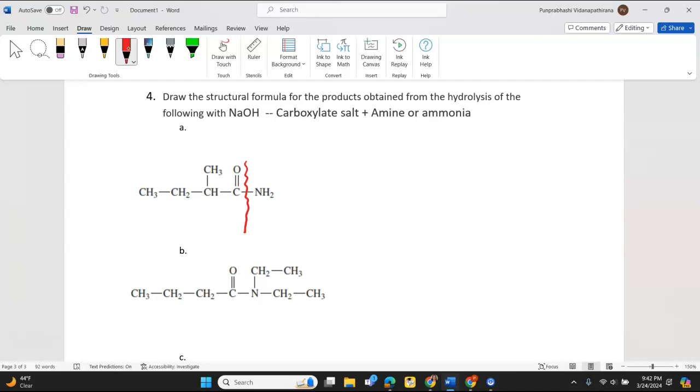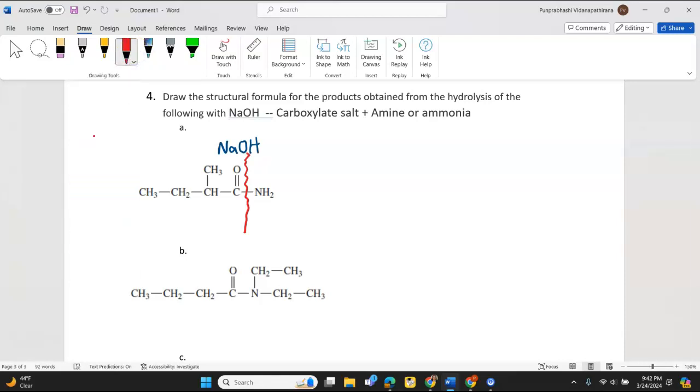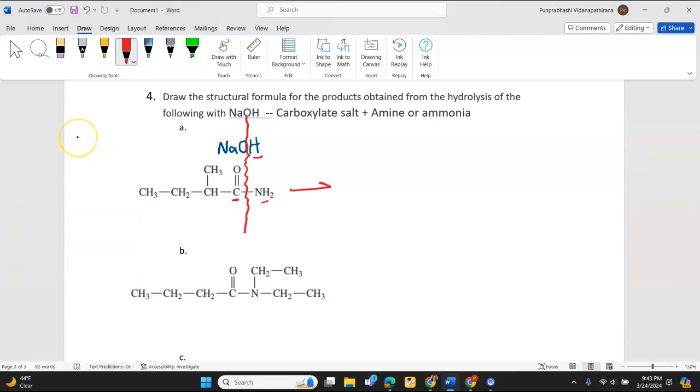So you will basically suppose that we have this NaOH. I'm going to extend this splitting here. So you will add ONa to this carbonyl carbon and a hydrogen to the amine side.